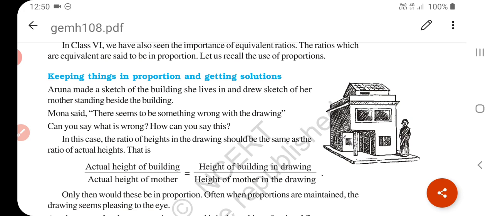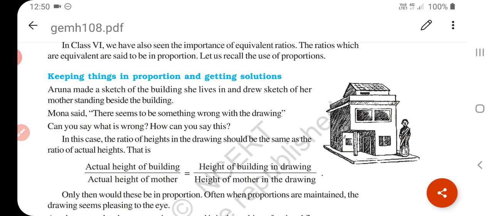Okay, understand? A ratio obtained by multiplying or dividing both terms of a given ratio by the same non-zero number is called the equivalent ratio. हम इक्विवेलेंट रेशो किसे कहेंगे, जब हम सेम नॉन ज़ीरो नंबर से मल्टीप्लाई करके और डिवाइड करके उसे फाइंड कर सकते हैं.